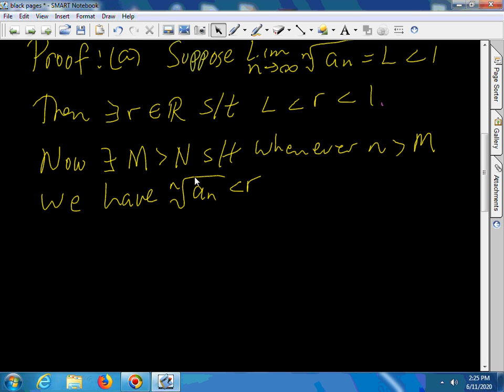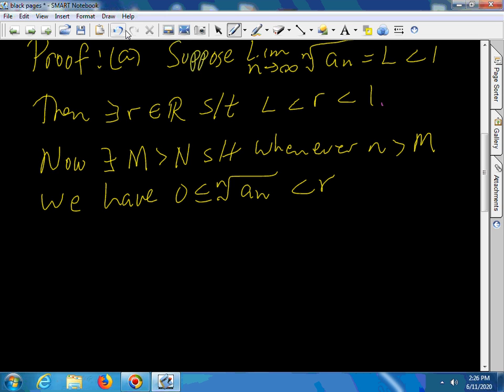But we also said that the terms are not negative. The reason I'm concerned about that is because I want to be able to say the following. Just want to sneak one little thing in there. The nth root of a sub n will be less than R, but they'll be non-negative.